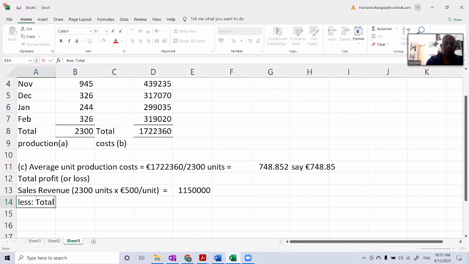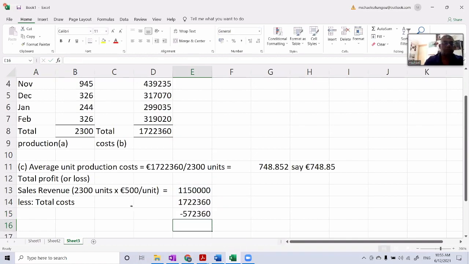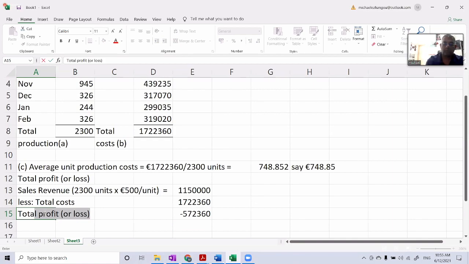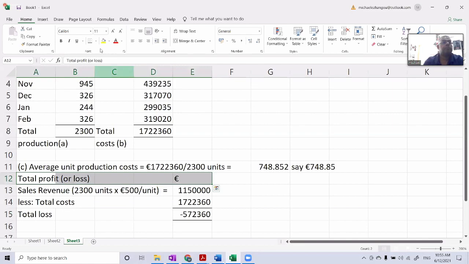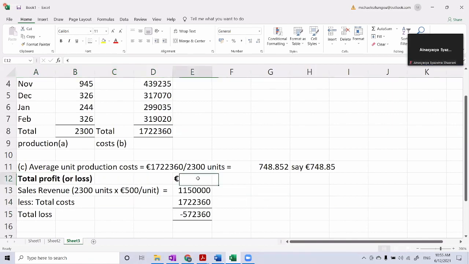Then we subtract total costs, 1,722,360. You end up with a loss here. Can you follow? It's not a profit, it's a loss.